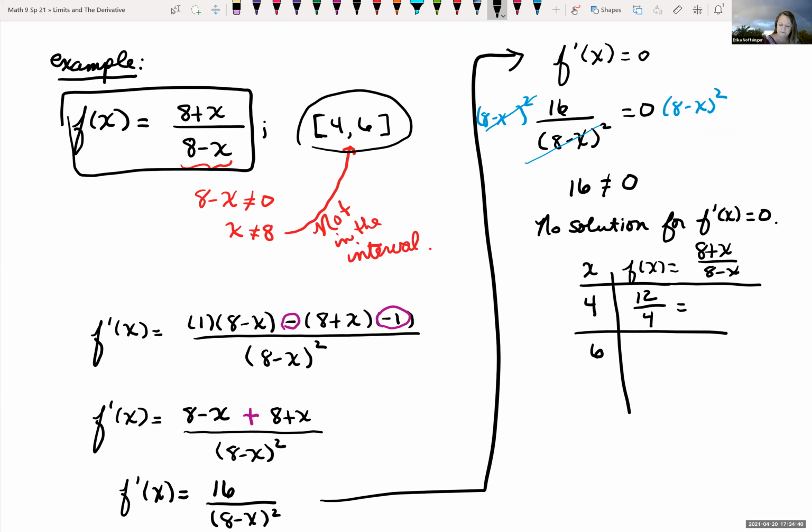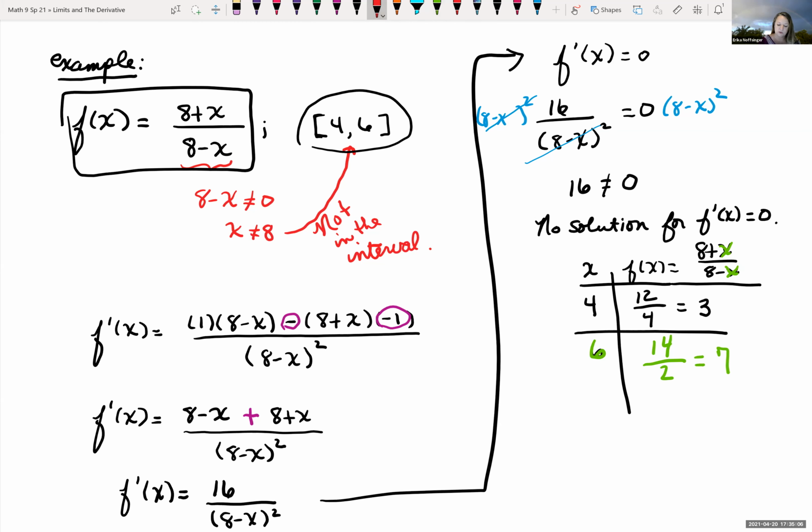So 12 divided by 4 is 3. So do the same idea. Now we're going to plug in 6, wherever you see an x in this function. So we get 8 plus 6, that's 14, all over 8 minus 6, which is 2. So 14 divided by 2 is 7.